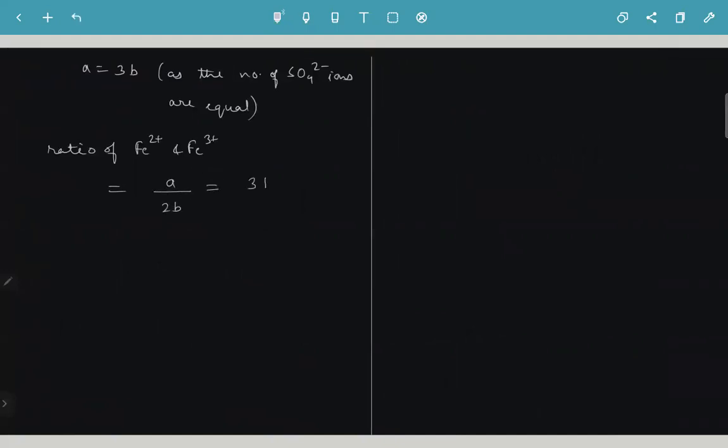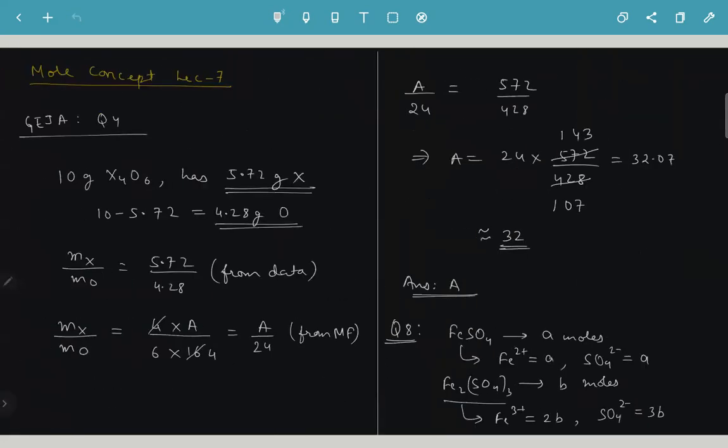We'll put A is equal to 3B. So this comes out to be 3:2. Answer will be D. Answer is D. Understood? Okay, have a good look at the previous page once.